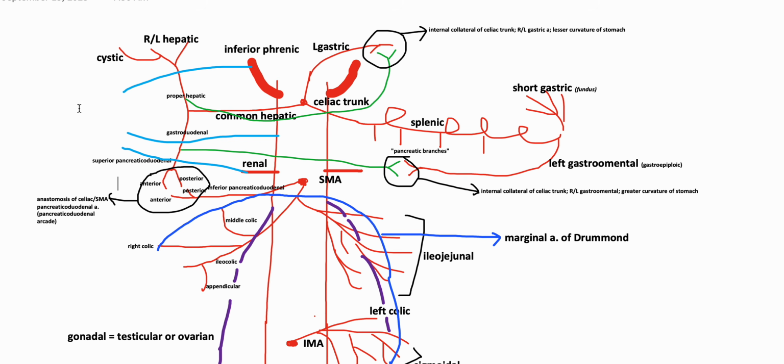And these are named the superior suprarenal, and these are coming off of the inferior phrenic artery. And then we have the middle suprarenal, and these are a direct branch coming off of the aorta. And then off of the renal artery itself, we have the inferior suprarenal arteries. And as their name implies, all these arteries are going to the adrenal gland.